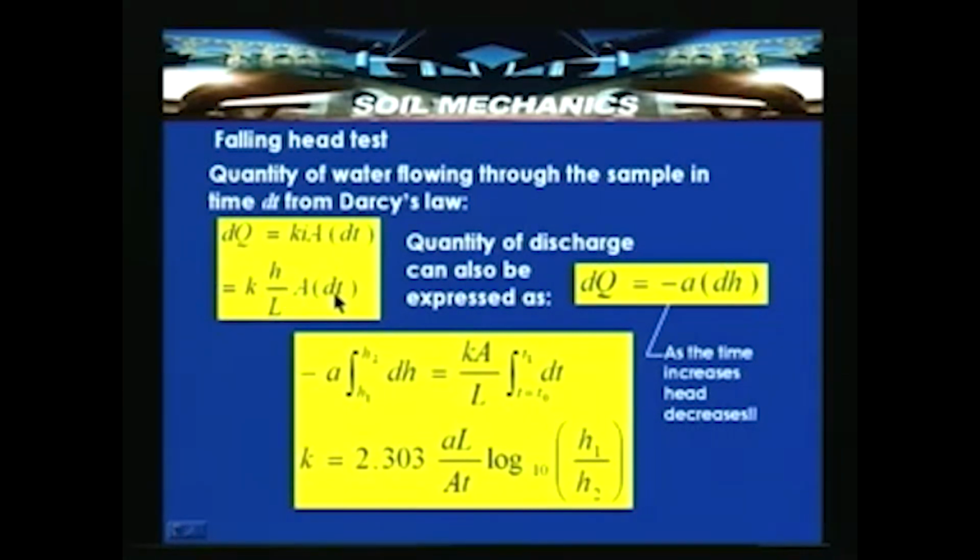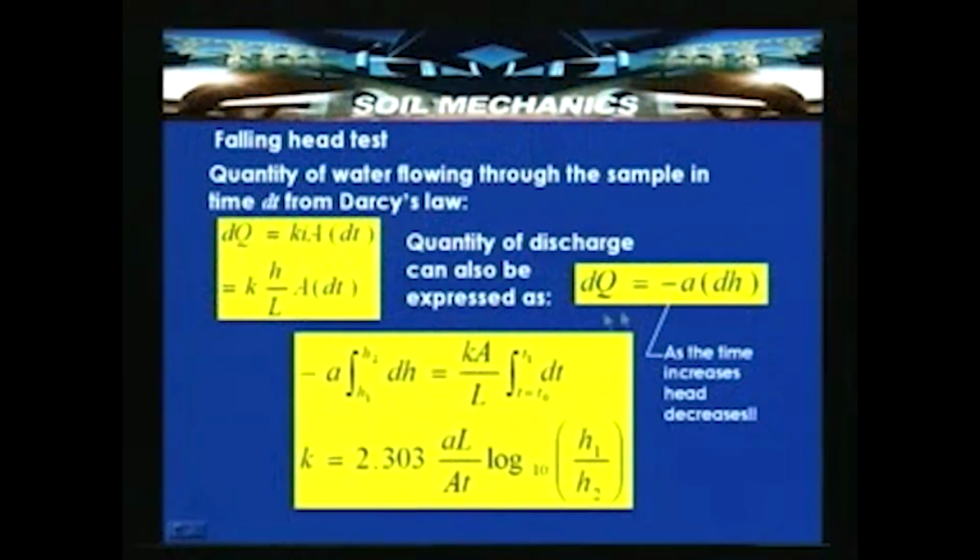This quantity of discharge can also be expressed as minus a dH, where dH is the small drop which has occurred over a time dt. It is negative because as time increases, head decreases. So the small discharge is dq = -a dH, where a is the cross-section area of the standpipe shown in the previous slide.